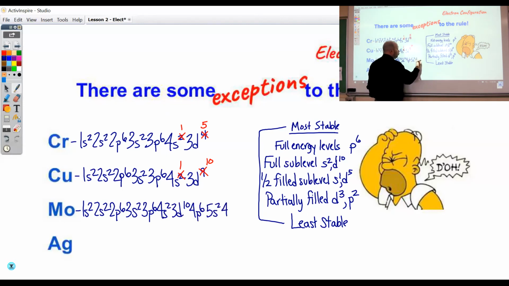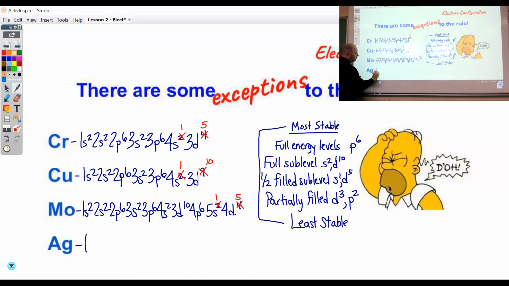This would now be 4d4, but that will change. This will become 5s1. This will be 4d5, again, going from a partially filled sublevel to a half-filled sublevel.